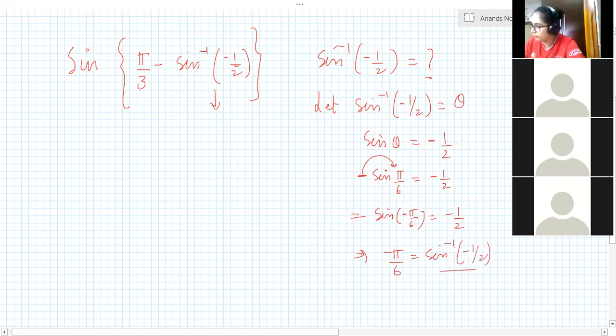Okay, so we got the internal thing answer minus pi by 6. Of course you have to confirm: does minus pi by 6 belong to minus pi by 2 to plus pi by 2? Yes, it belongs.